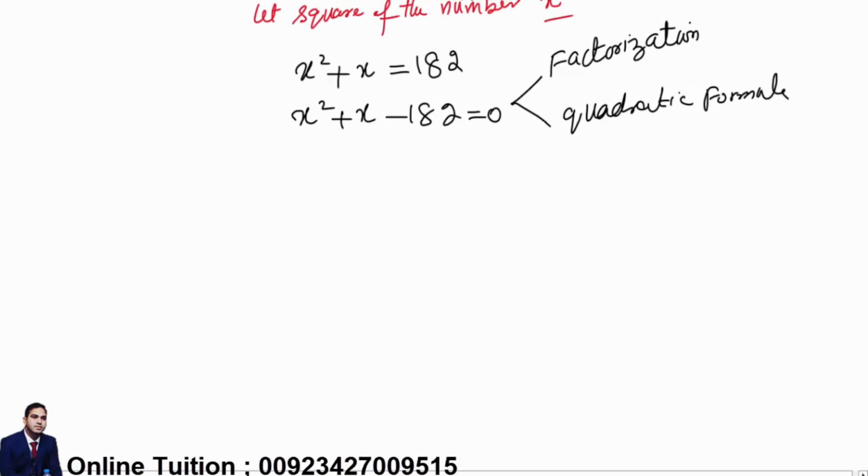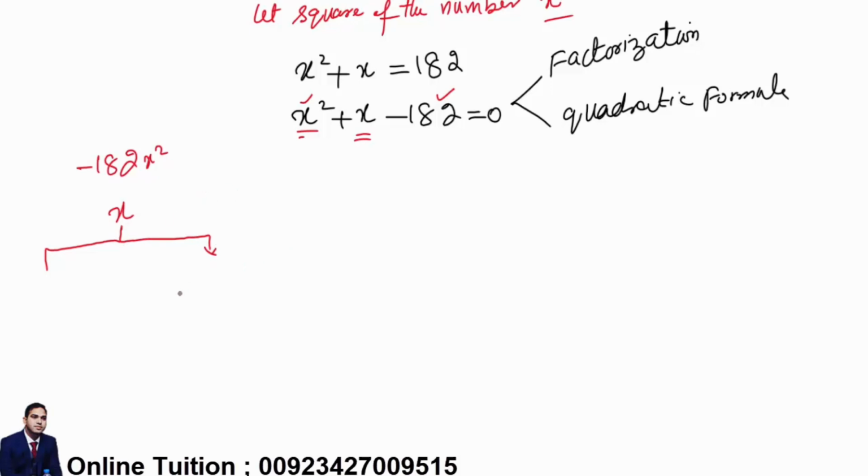Understand, first of all, the rule of factorization: the x square stays, and without the square, these numbers will be multiplied. It is 182, x square minus 182. Now take this number x, means without square, and break this number into two parts.